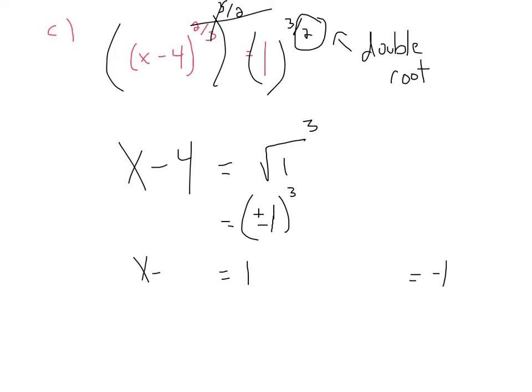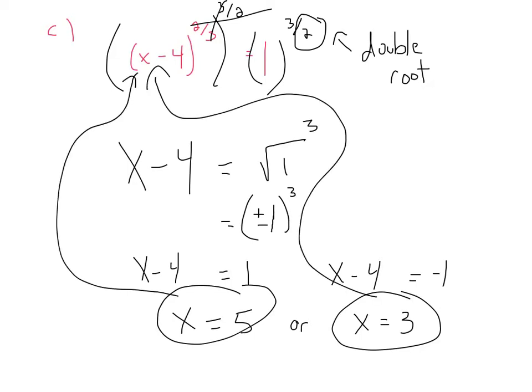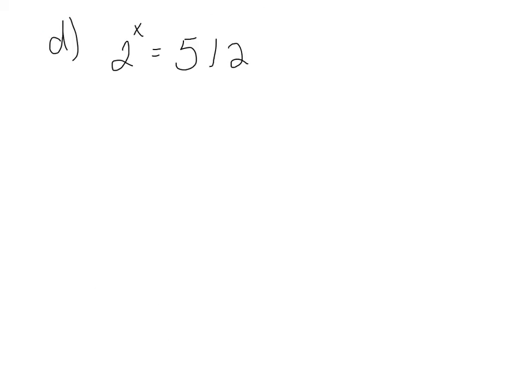So we actually have x minus 4 equal to both of these. And when you solve those, you get x could be 5 or x could be 3. If you plug them back in, you'll find that they both do in fact work. So be careful when you're taking those square roots and then cubing them, because multiple answers.